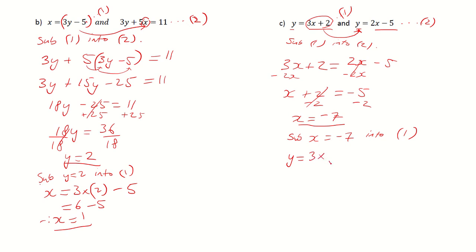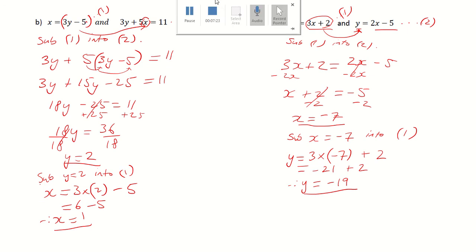So 3 times negative 7, because x is negative 7, plus 2. 3 times negative 7 is negative 21, plus 2. So y is equal to negative 21 plus 2, which is negative 19. So we've now solved these two equations simultaneously using the substitution method.